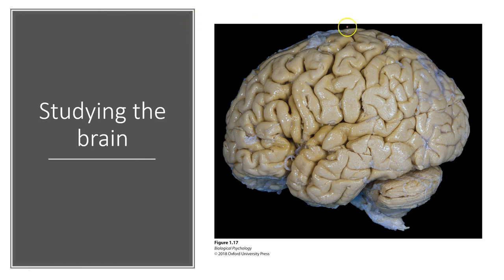This hunk of tissue contains all of that and allows us to function as normal human individuals. Things that we take for granted are entirely the result of the actions of our brain. That's pretty incredible. So scientists use different ways to better understand how the brain controls such complex functions.